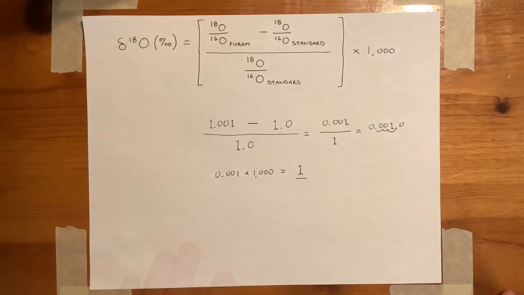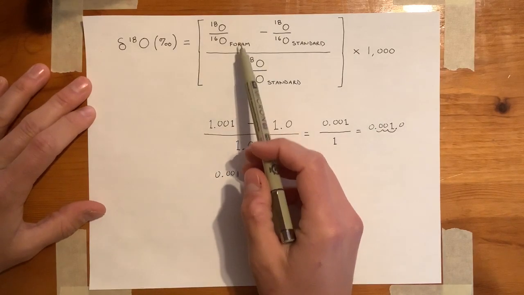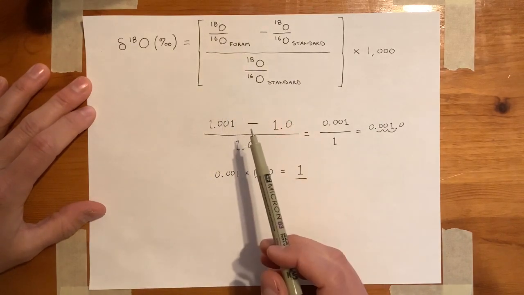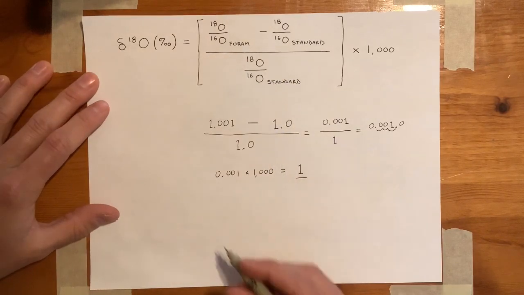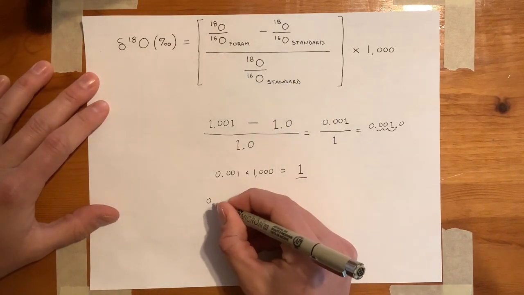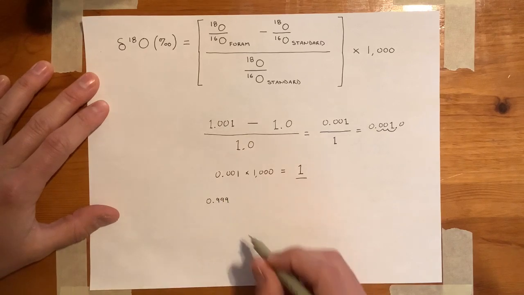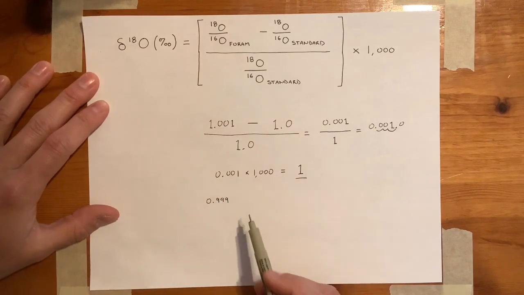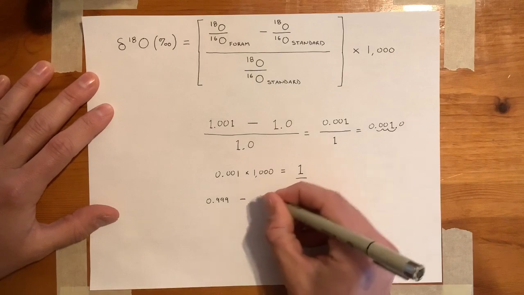Let's do another example. This time, have our foram's 18 to 16 oxygen isotope composition be smaller than that of our standard. Let's say it's 0.999 minus 1.